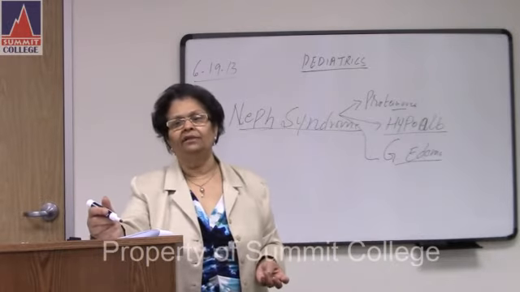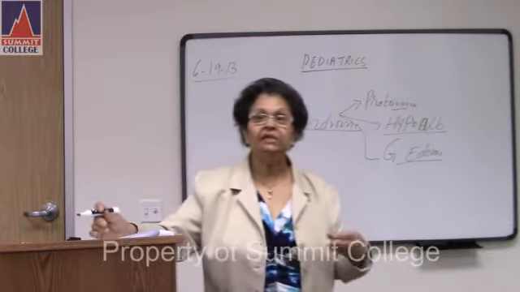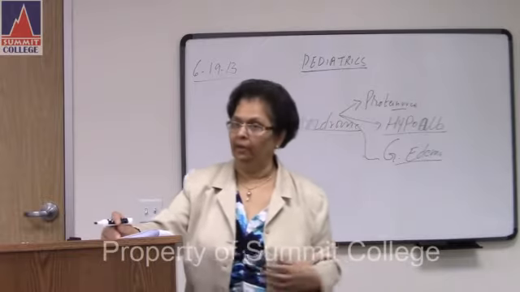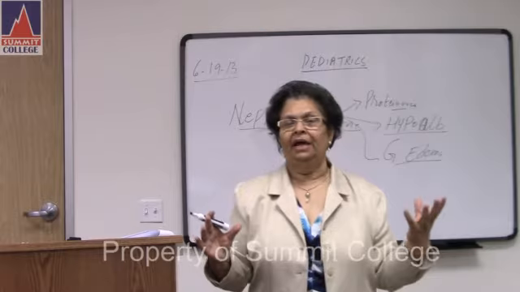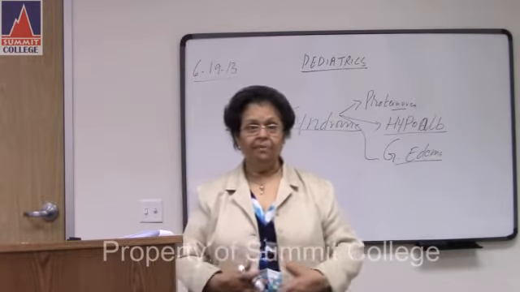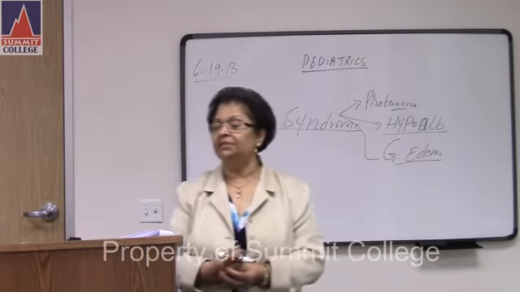Second line, highlight the word scrotal area. Because your questions are going to be based on edema, ascites, and scrotal area. So we have to memorize they're having edema all over. And where is the edema? Scrotal area, and maybe a lot of fluid in the stomach. Maybe they have the word ascites.